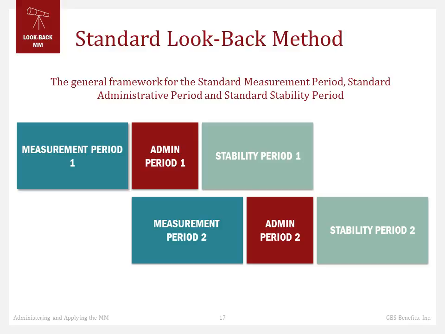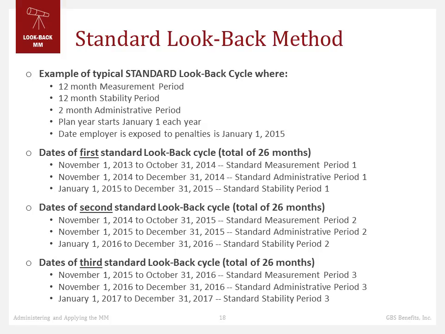As soon as measurement period 1 ends, you start measurement period 2 again, and as soon as stability period 1 ends, you start stability period 2. So here's an example of a typical standard look back cycle where the employer has selected a 12-month measurement period, a 12-month stability period, a 2-month administrative period, and where their plan year starts January 1.